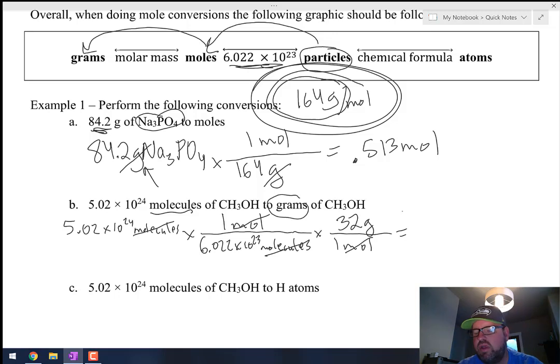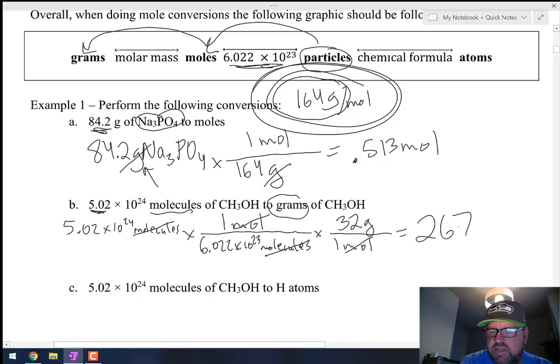Okay, equals 266.7. Again, this has 3 significant figures. So my answer, 267 rounded grams.